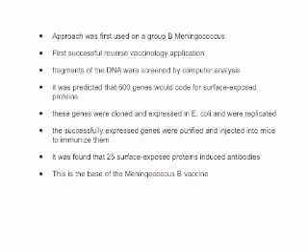These genes were then cloned and expressed in E. coli and were replicated. The successfully expressed genes were purified and injected into mice to immunize them, and it was found that 25 surface-exposed proteins induced antibodies. This is the base of the meningococcus B vaccine.